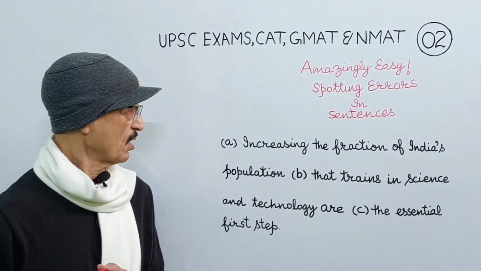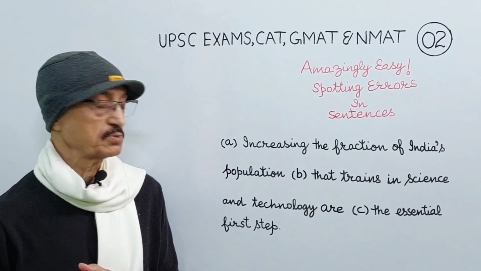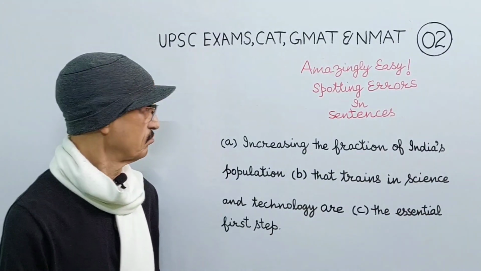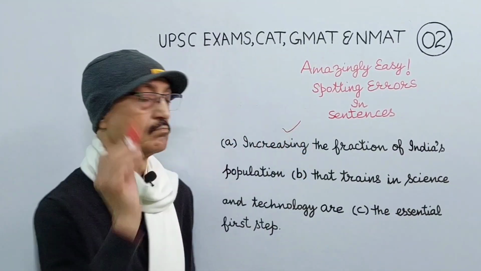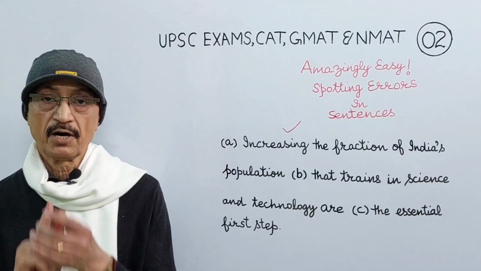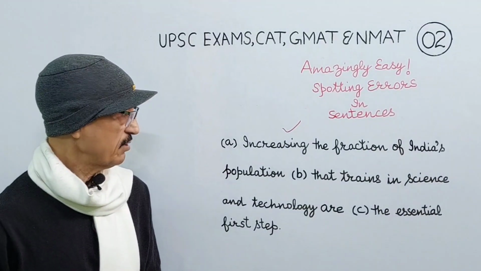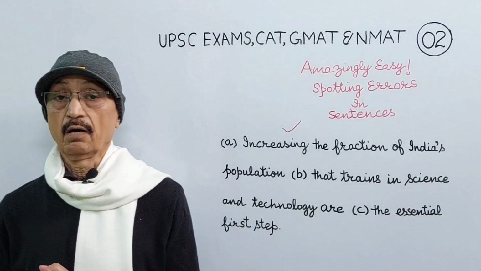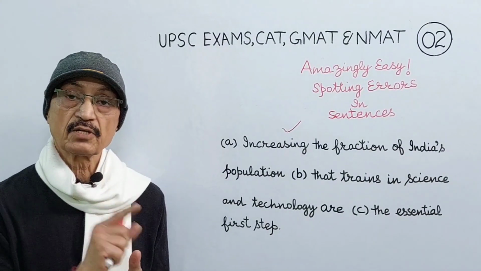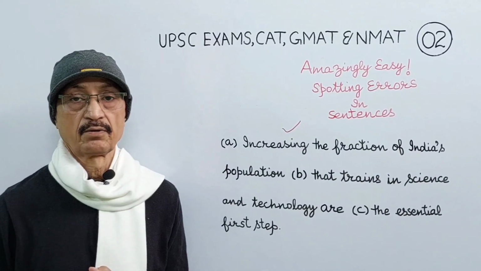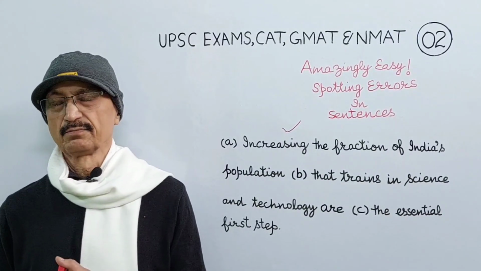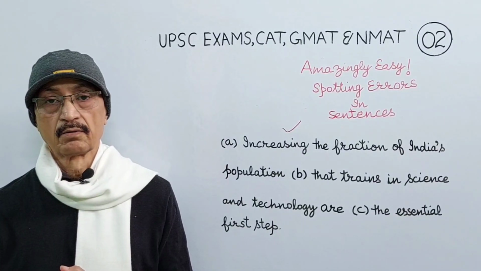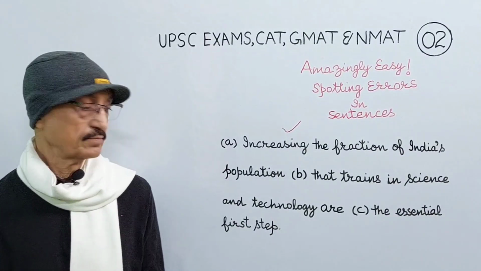Part A. Increasing the fraction of India's population. This is correct. Part B. That trains in science and technology are. There is a mistake in this part. In place of are, we should use is.